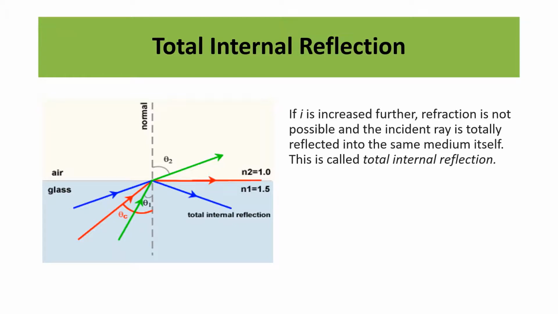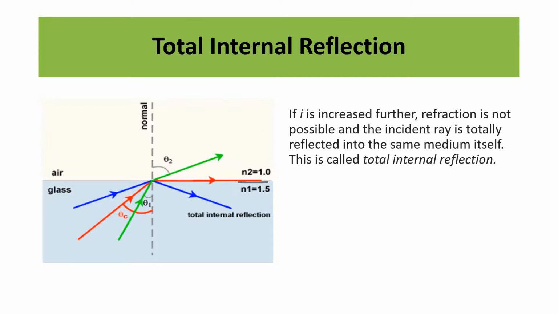The green incident light ray is refracted in this manner with an angle of refraction theta 2. This red incident ray is refracted in this way. The angle of refraction here is 90 degrees and this angle is known as the critical angle.